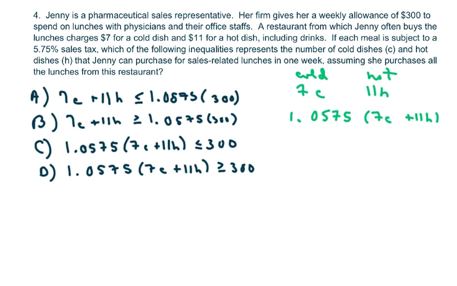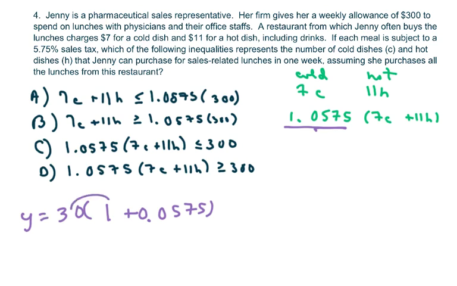I want to quickly go over what this means. That just means 1 plus your percentage, 0.0575. Say you had $30 and you wanted to see how much your total cost would be.